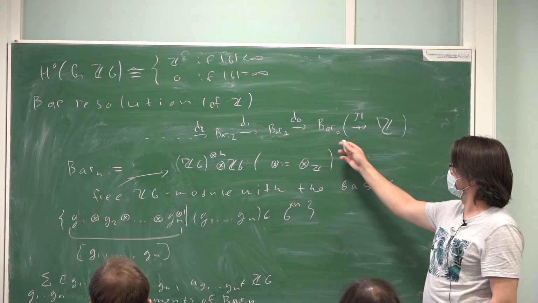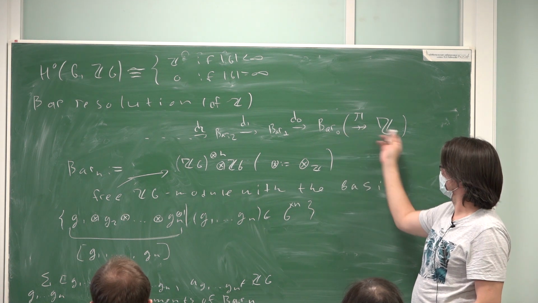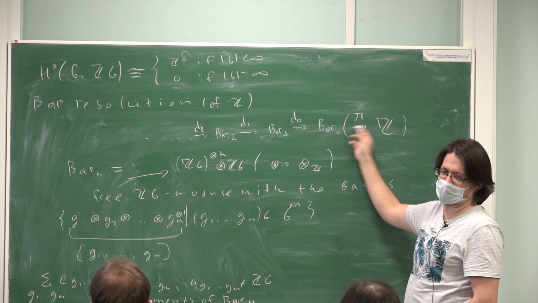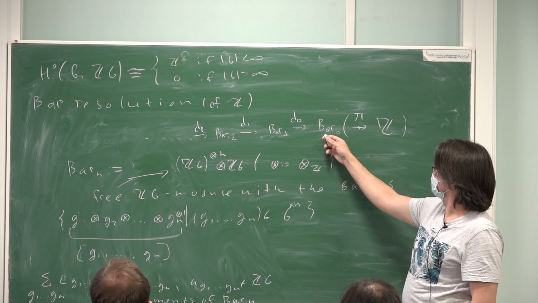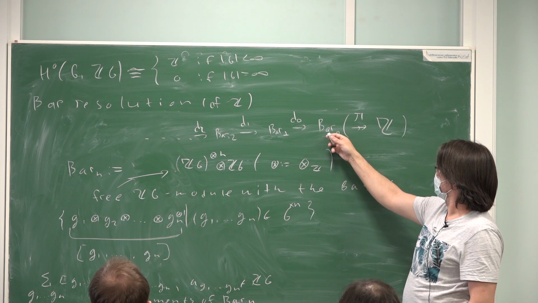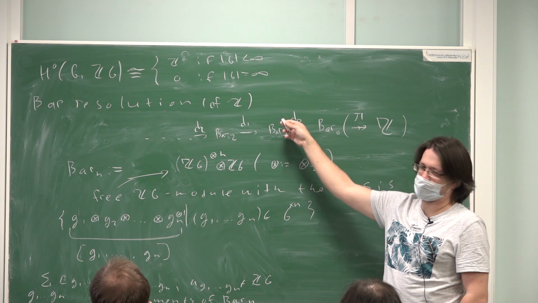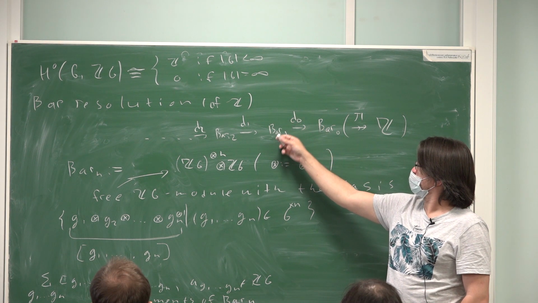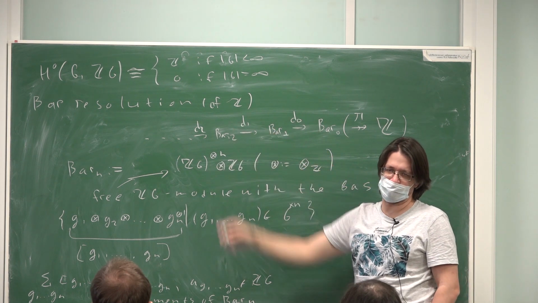So if it is a resolution of Z, resolution means that this sequence, when we put also Z, is exact, then B bar 0 is the direct sum of Z and the image of d0. Then B bar 1 is the direct sum of the image of d0 and the image of d1, and so on.